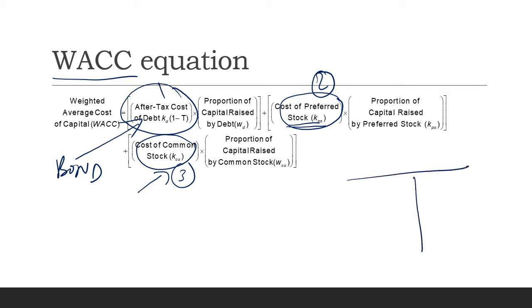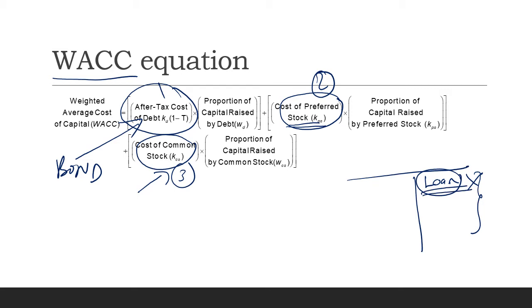Although on the funding side there is also a loan, the loan is not included in the calculation of WACC because it's considered private debt. The cost of the loan is pretty specific.